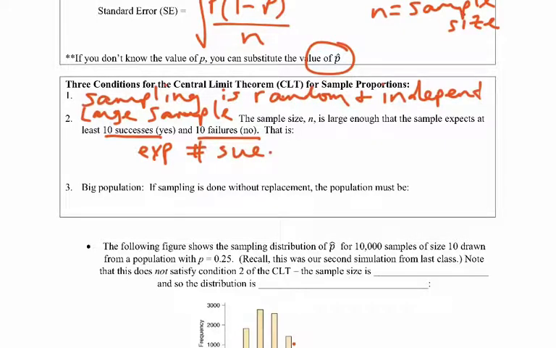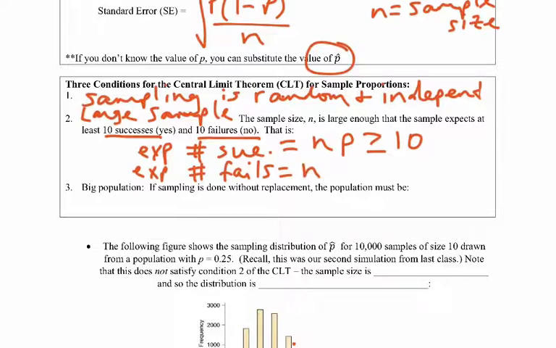So I'm going to abbreviate successes, would equal n times p. So p is that population proportion, and that has to be, whatever that is, that has to be at least 10. And then same thing for the failures. So the expected number of failures needs to be n again times the complement, 1 minus p, and that has to also be at least 10.